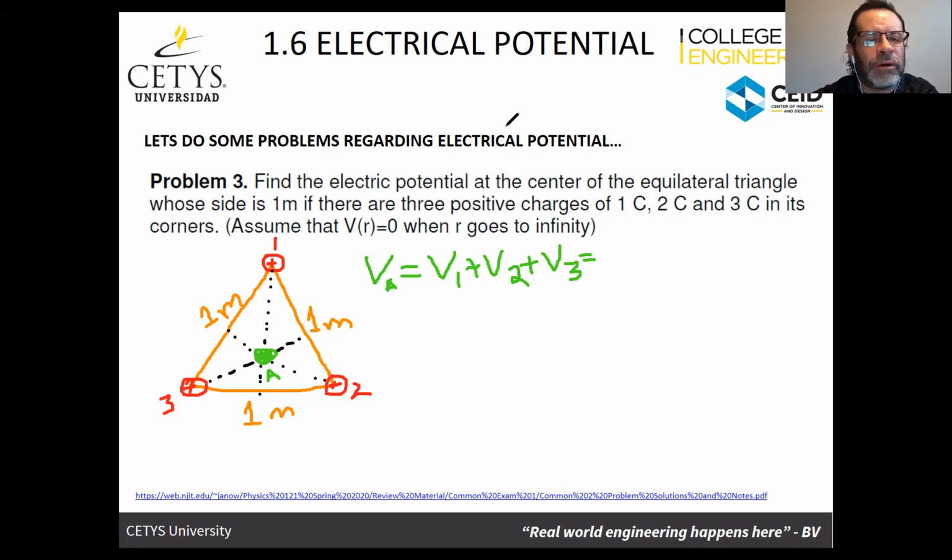And what we need to find here, basically, to solve the problem, is this distance here that I'm going to call R. And I think you will agree that R is exactly the same distance that we're going to have here, and it's also the same distance that we're going to have here. It's going to be the same distance we've got in those points.